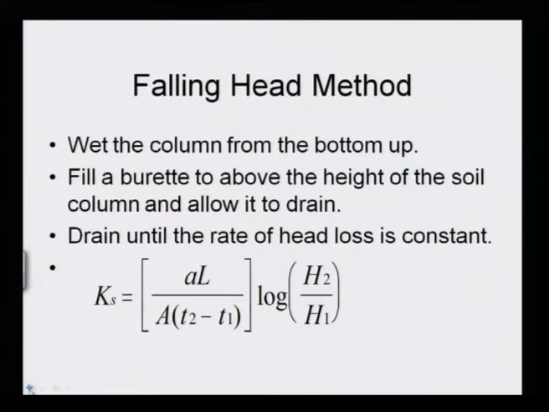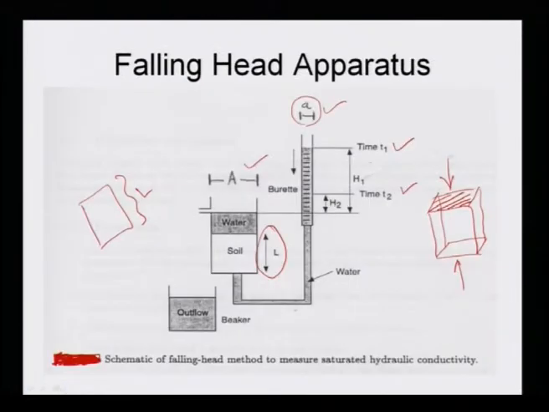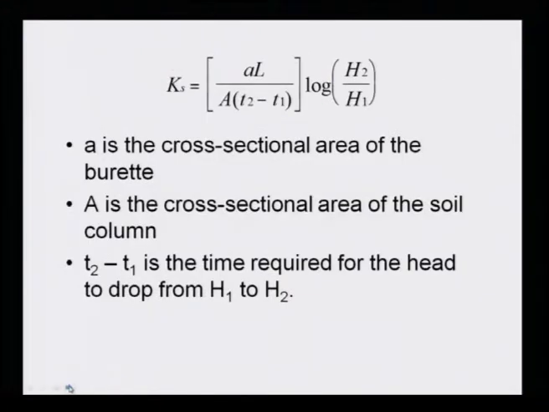Here a is the burette area, L is the length of the soil specimen, A is the area of cross section, t2 minus t1 is the time interval, and h1 and h2 are the heads at times t1 and t2. From there you can find the coefficient of permeability by the falling head method. This is what I have explained now.